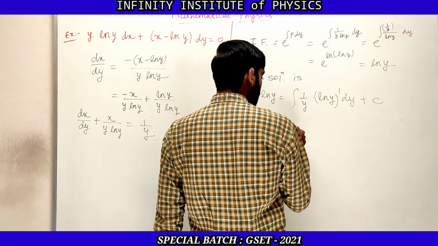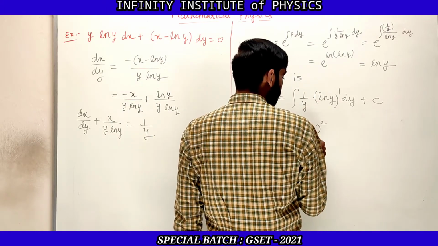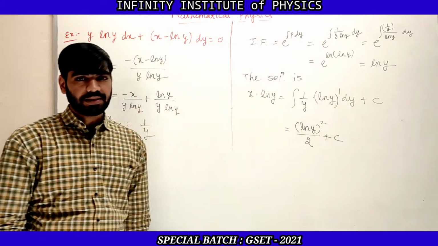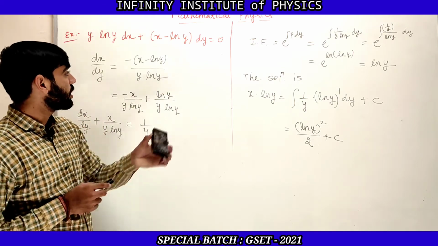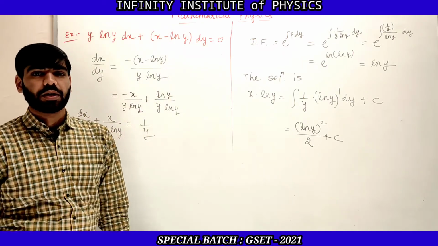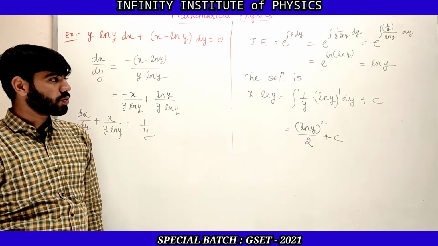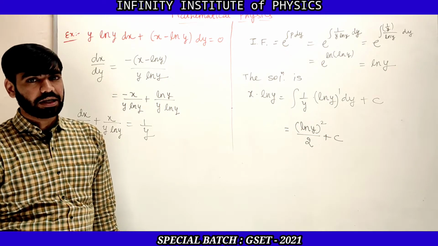So it will be log y whole square by 2 plus c, and this is the final answer or required solution to the given differential equation. Clear? So this is how we can solve examples related to linear differential equations.